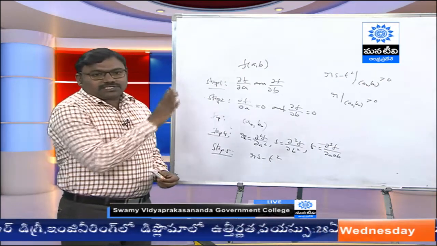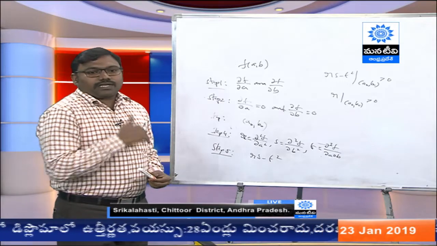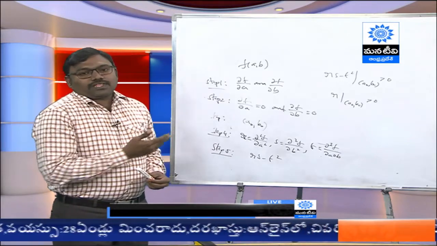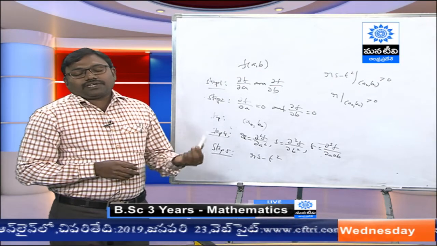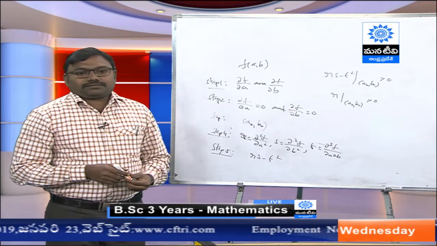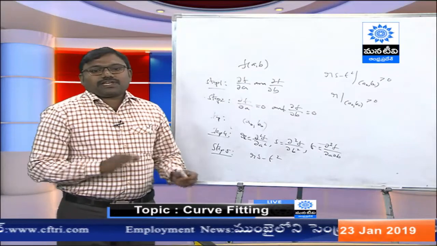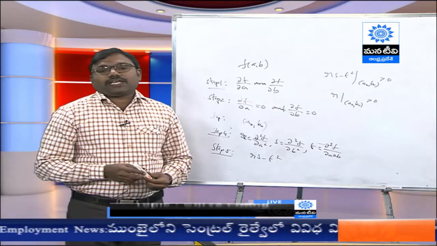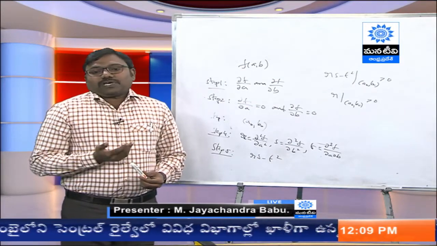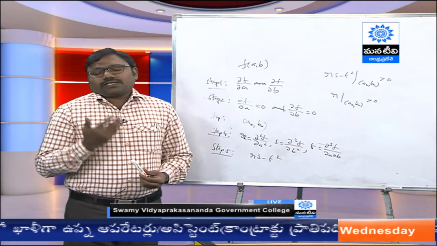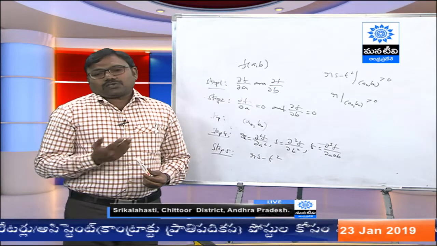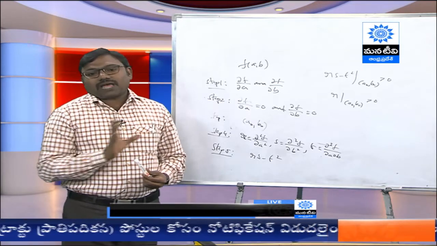With these things in our mind, we can go for the fitting of a straight line to the data and fitting of a parabola to the data. This is the summary of the first topic. In our second topic, I will explain how to get the normal equations, means how to fit a straight line or parabola to the data by using normal equations.